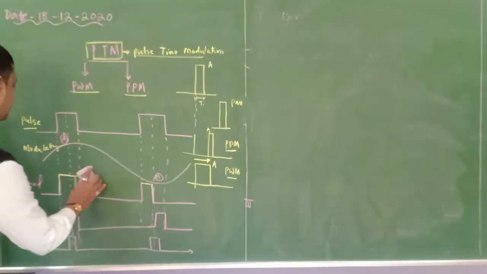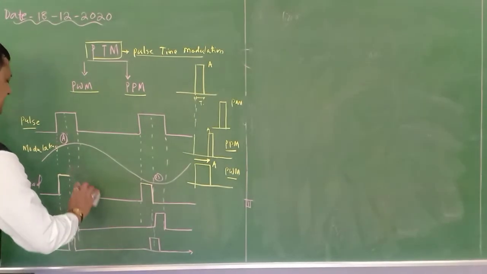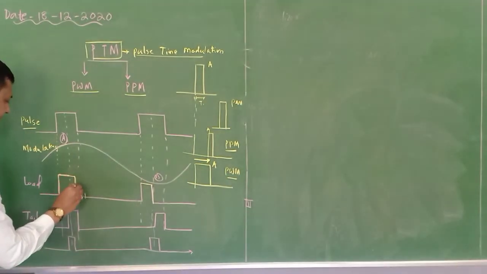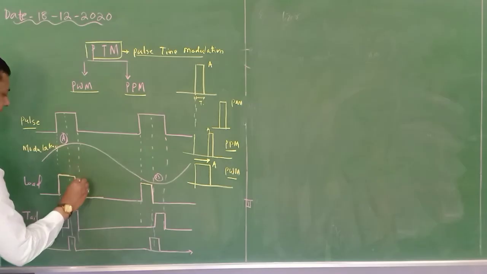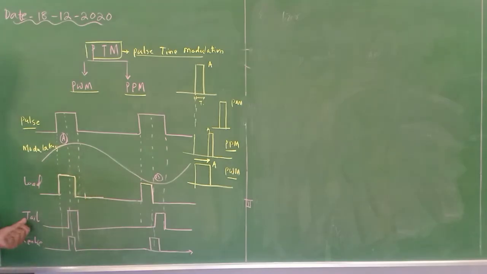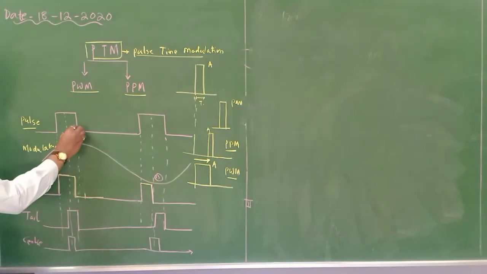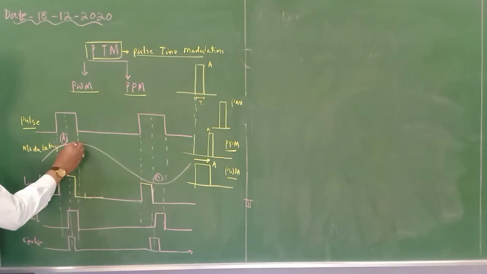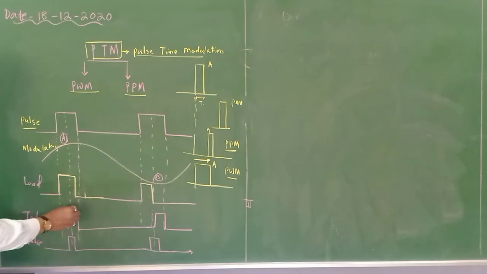Here, actually, it is the leading edge I have discussed, and within this particular pulse we have to consider it for the first one. So this is the case. Second, if it is a trailing edge, from this particular point we have to consider. Since at this point the amplitude of the modulating signal is at a maximum, the width will be identified from this particular point.